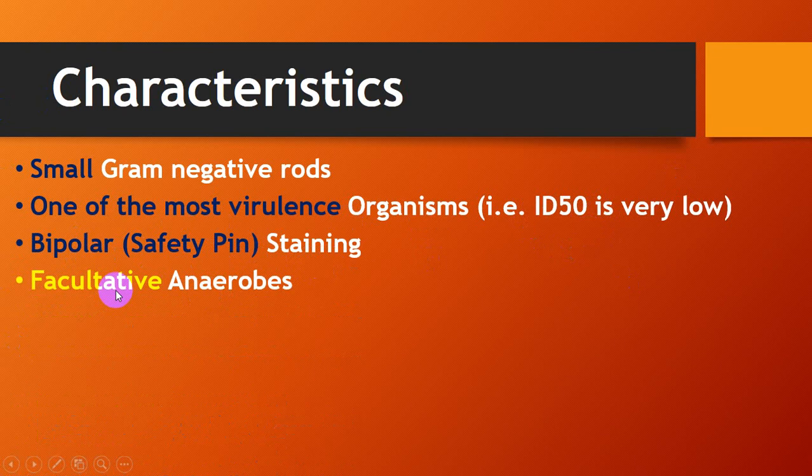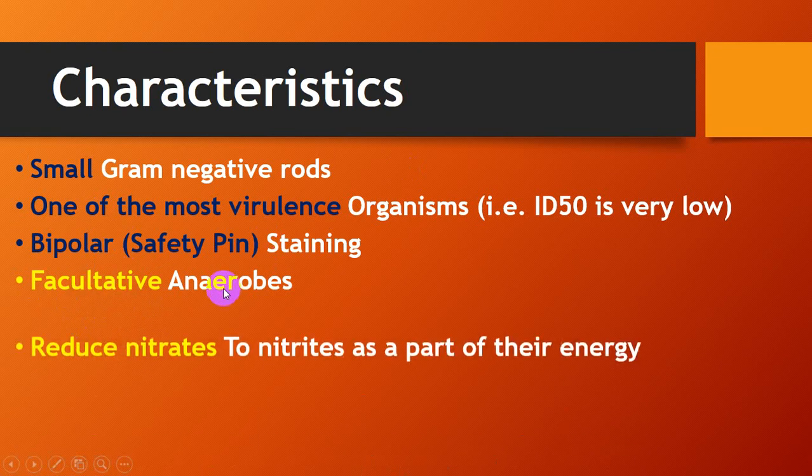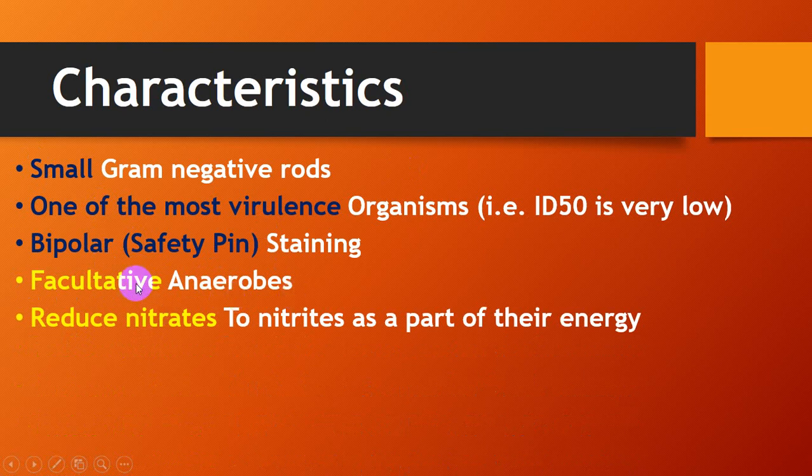The next characteristics are the same as the family Enterobacteriaceae. You can mention these characteristics for every bacterium in the family Enterobacteriaceae. First, it is a facultative anaerobe, meaning it can act in the absence of oxygen. Second, it reduces nitrates to nitrites as part of its energy metabolism.